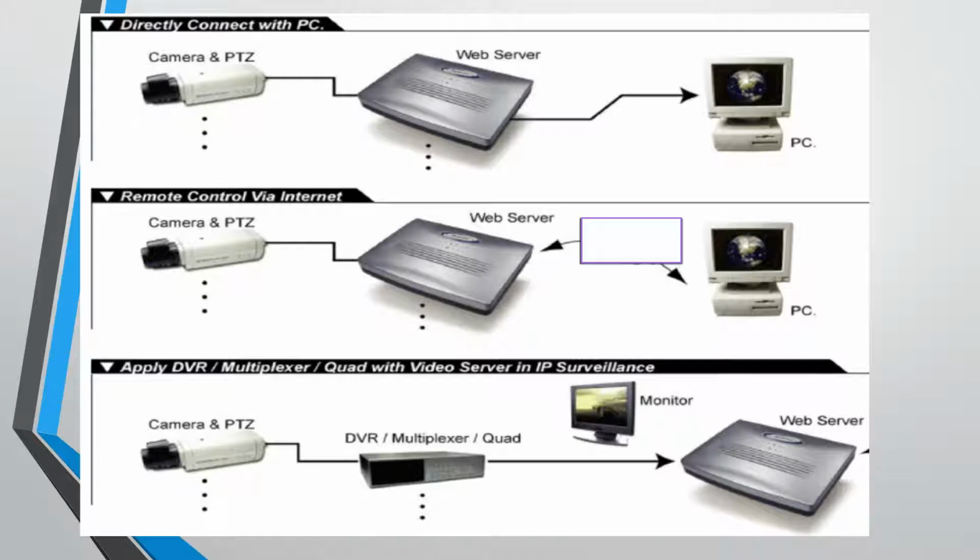The third one is where they apply a DVR or multiplexer together with the video server. This is the way to connect the digital video server with a DVR first, and then access the network through the router.